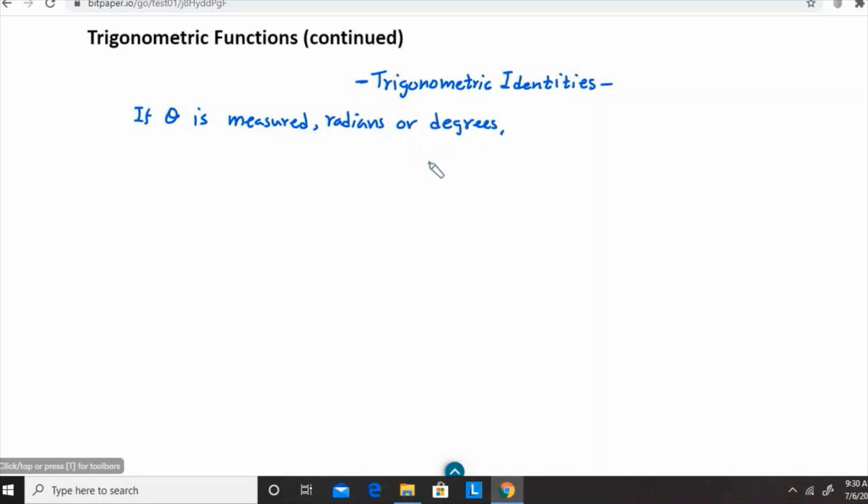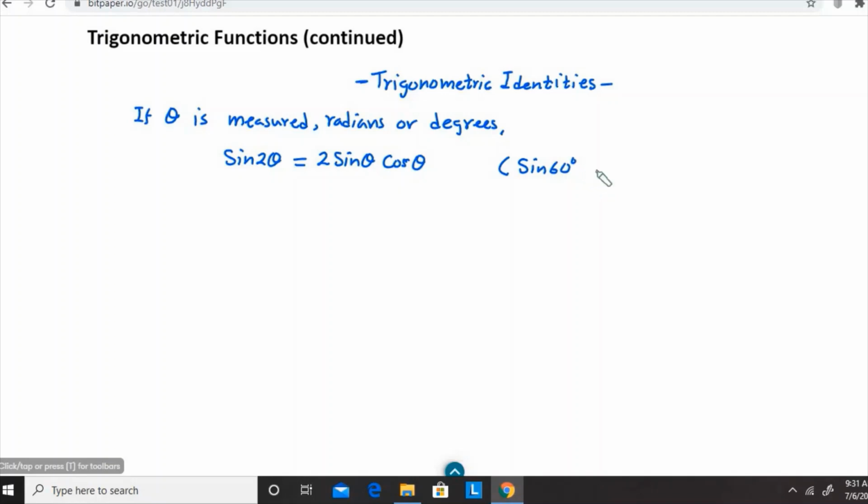Then the following identities are useful for physics problem solving. The first set of identities: sine 2 theta equals 2 sine theta cosine theta.